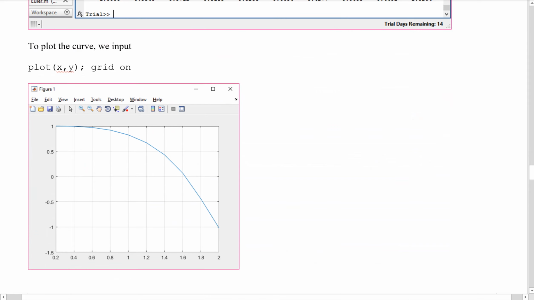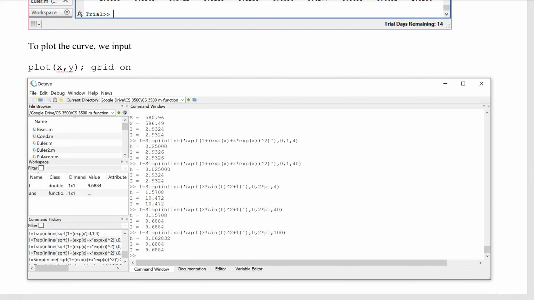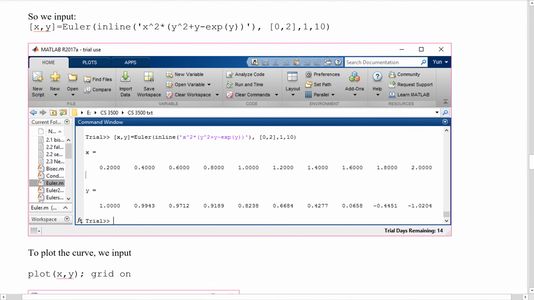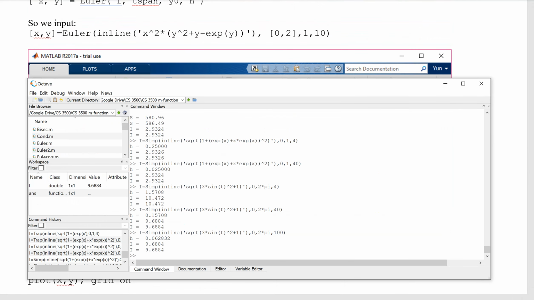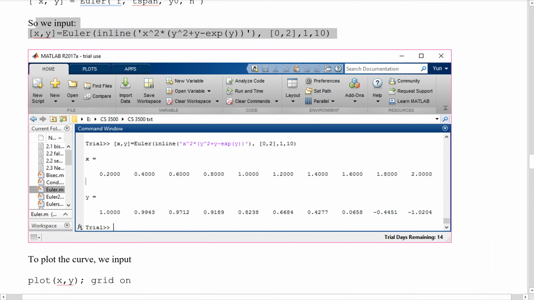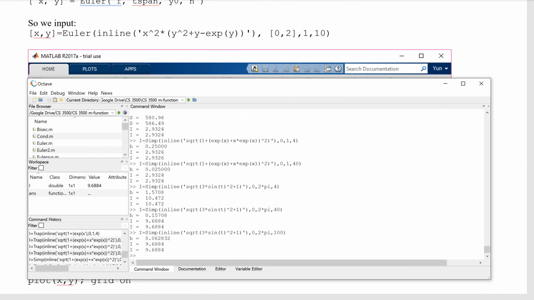Okay, so let me show you in Octave. Here, do you mind if I copy it, or do you want me to retype it? I can do it either way. So, bracket x comma y is Euler, and then we have the inline function x squared times y squared plus y minus e to the y.